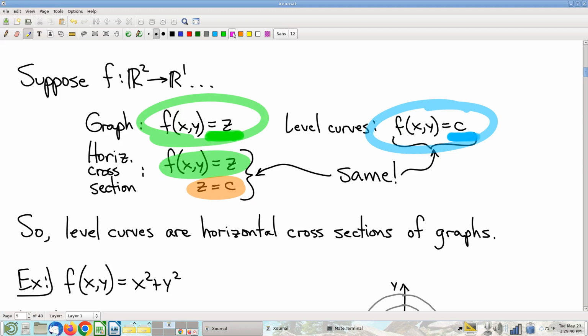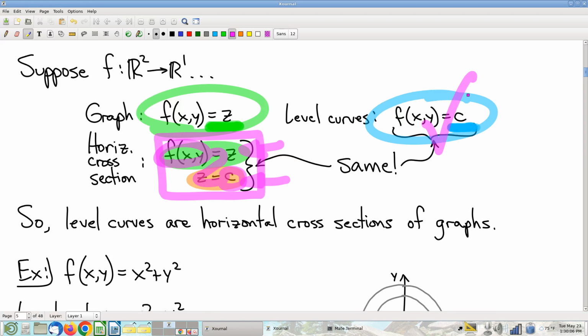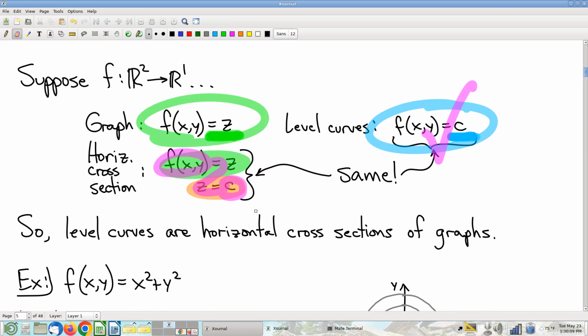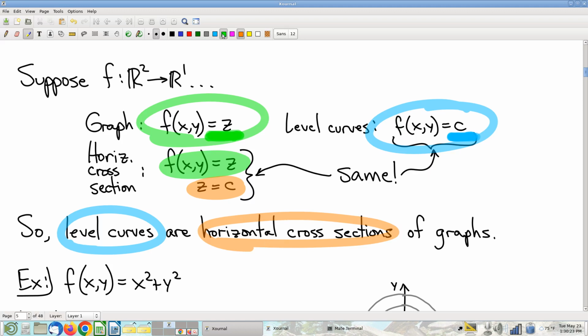Altogether, a horizontal cross-section of the graph of the function effectively sets f equal to c, namely a level set. So we get this really nice conclusion here. Let me clean this up. The really nice conclusion is that level sets are horizontal cross sections of graphs.